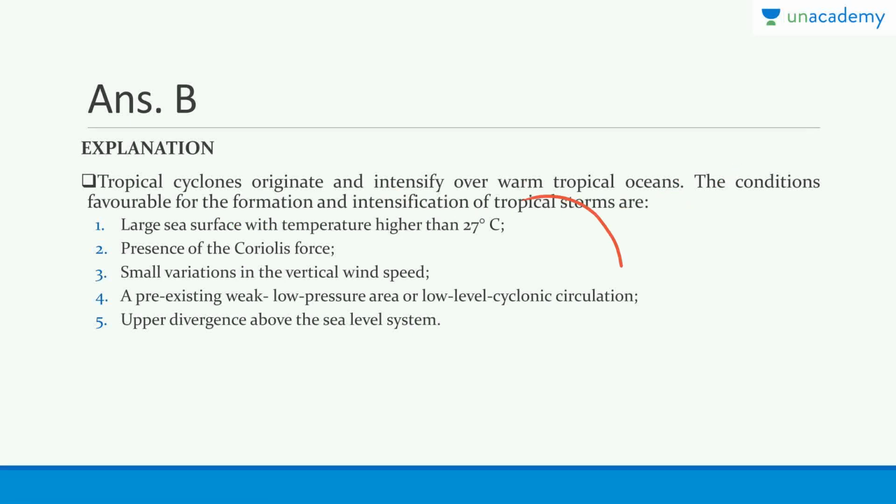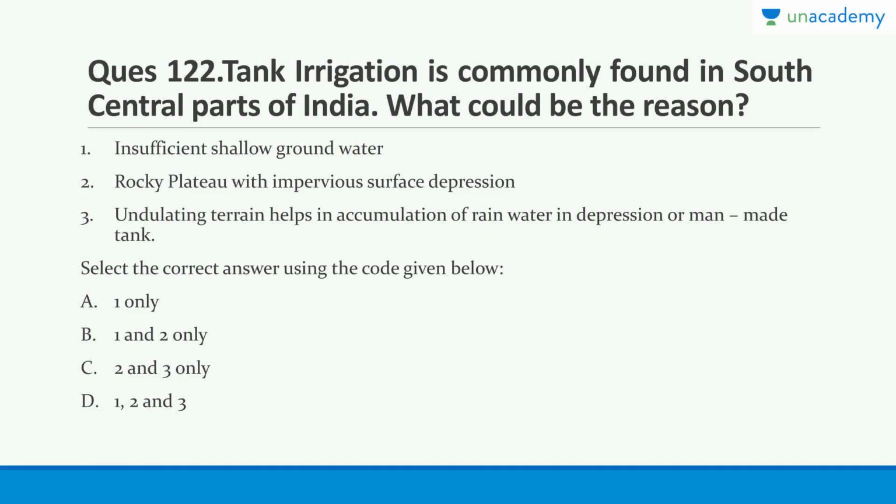Please remember them. Large sea surface temperature higher than 27 degrees Celsius, presence of the Coriolis force, small variation in the vertical wind speed, a pre-existing weak low pressure area or low-level cyclonic circulation, and upper divergence above the sea level system. So answer here is B.